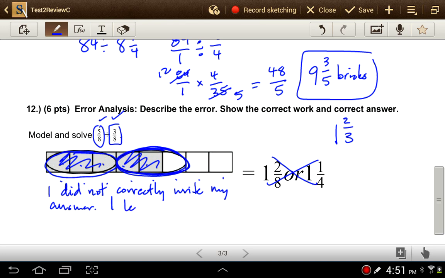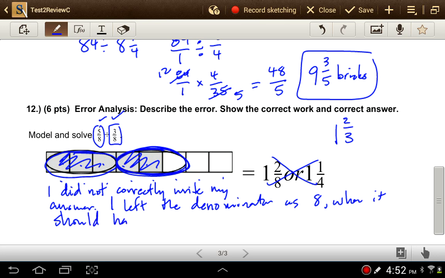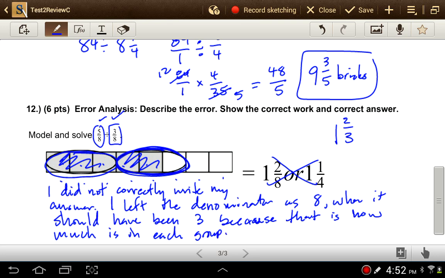I left the denominator as 8 when it should have been 3 because that is how much is in each group. Okay, so I did not correctly write my answer. I left the denominator 8 when it should have been 3 because that is how much is in each group.